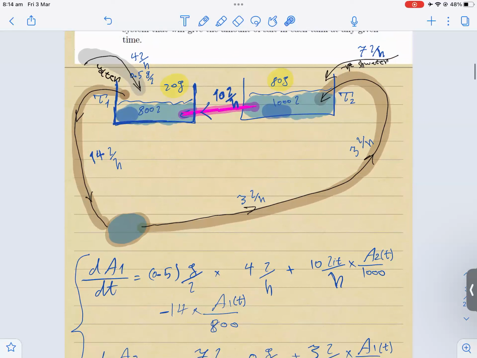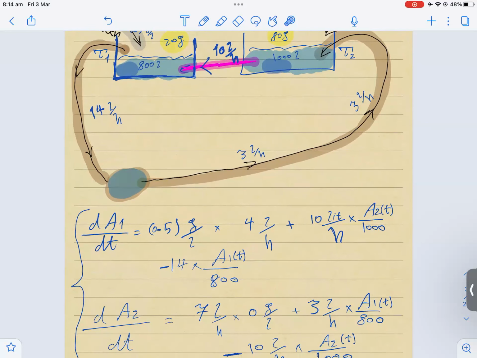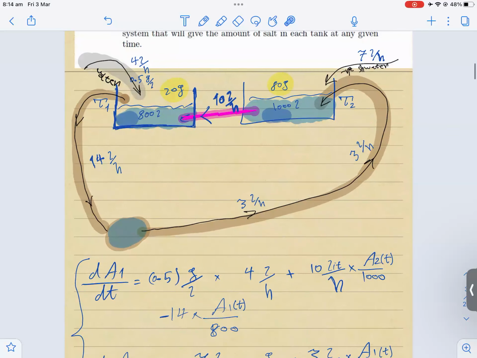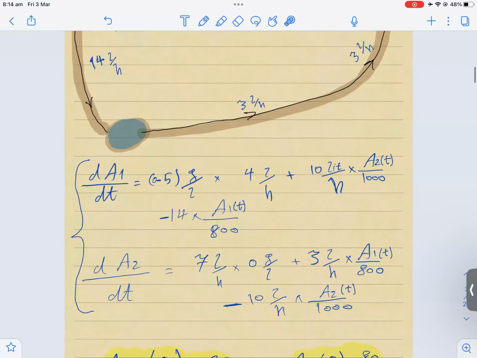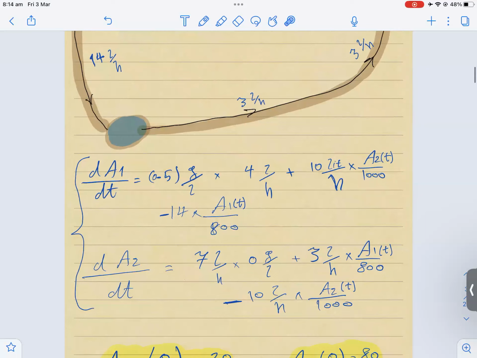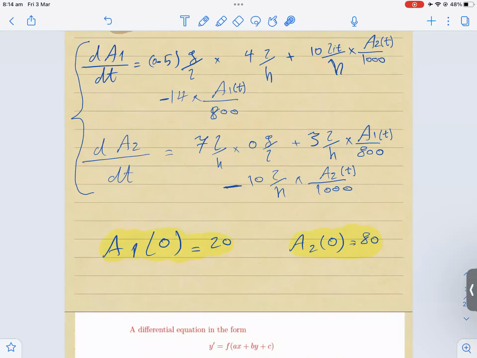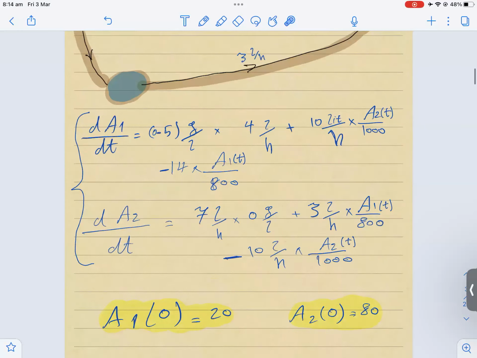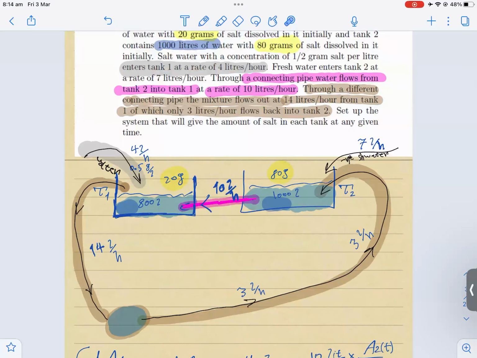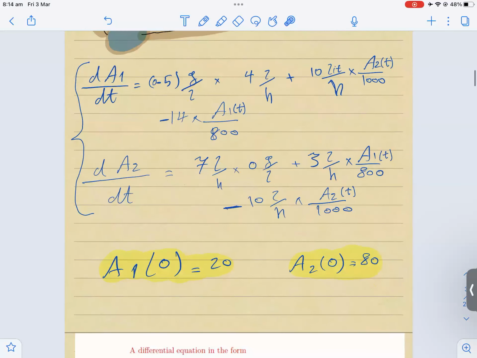And you see that 3 liter coming inside, so that's why positive, and minus 10 going outside. So the initial value problem, 20 gram here, yellow 80 gram. They constitute the initial value conditions for us.